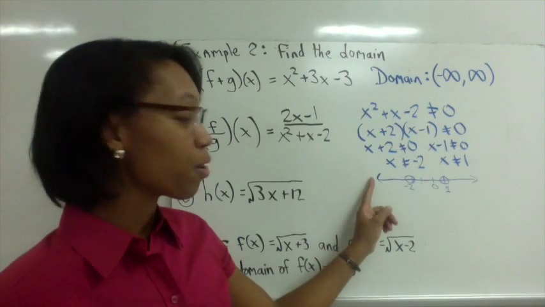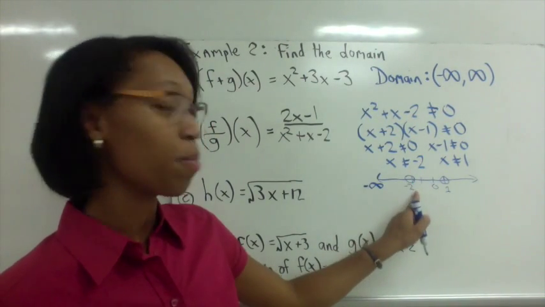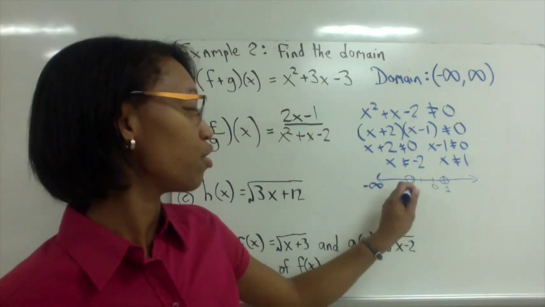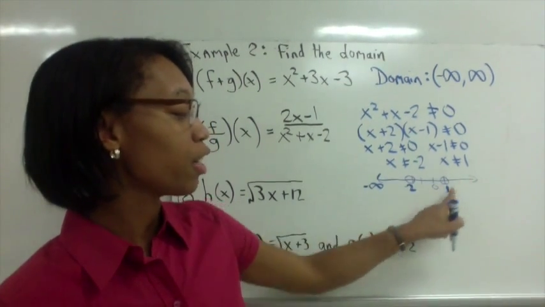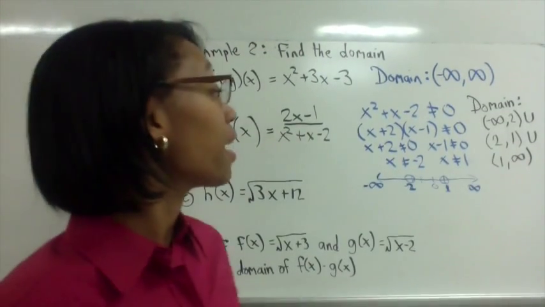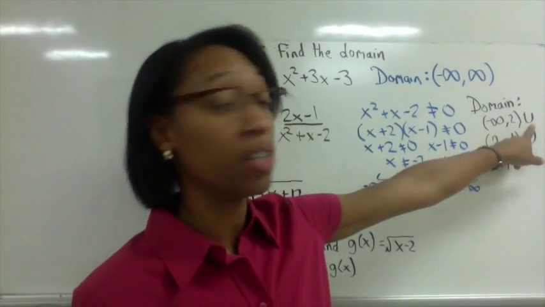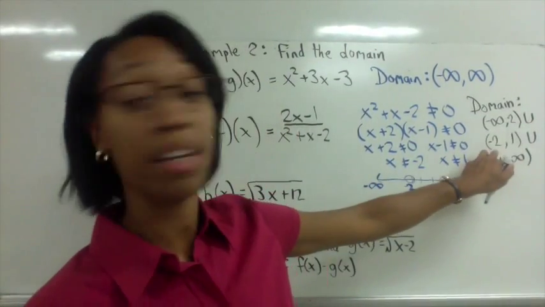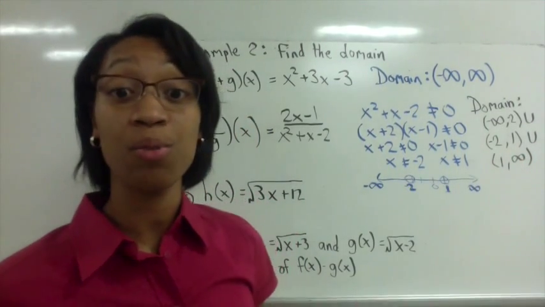I'm going to have the part over here, which is from negative infinity to -2. Then I have the part that's inside here from -2 to 1. And then I have the part on the other side from 1 all the way to infinity. So my domain has three parts: negative infinity to -2, union, negative 2 to 1, union, 1 to infinity.